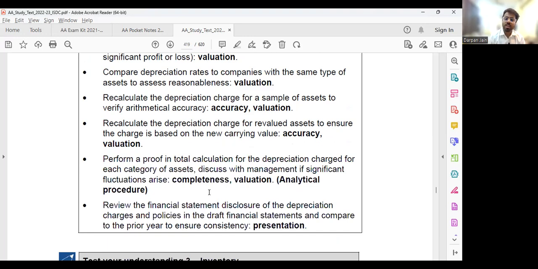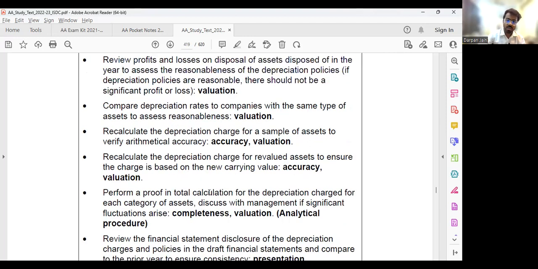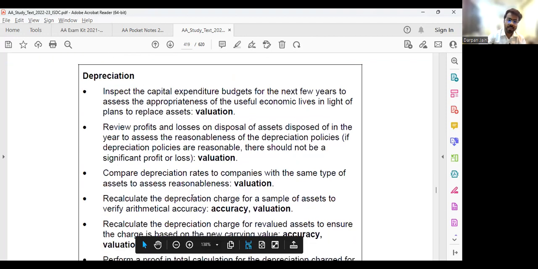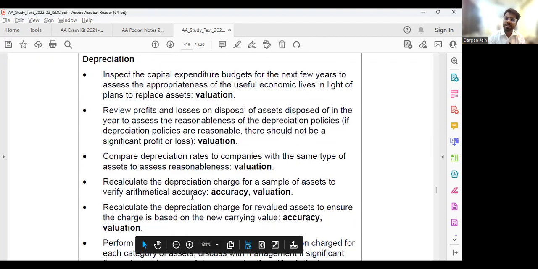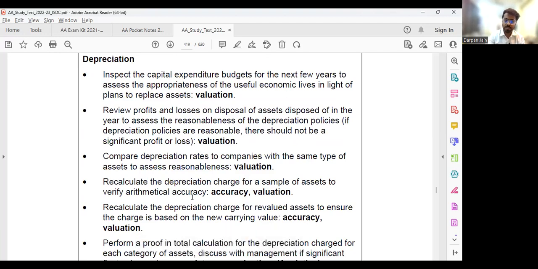And lastly, you can review the disclosures in the financial statements about the depreciation policy. Clear? This was about depreciation.